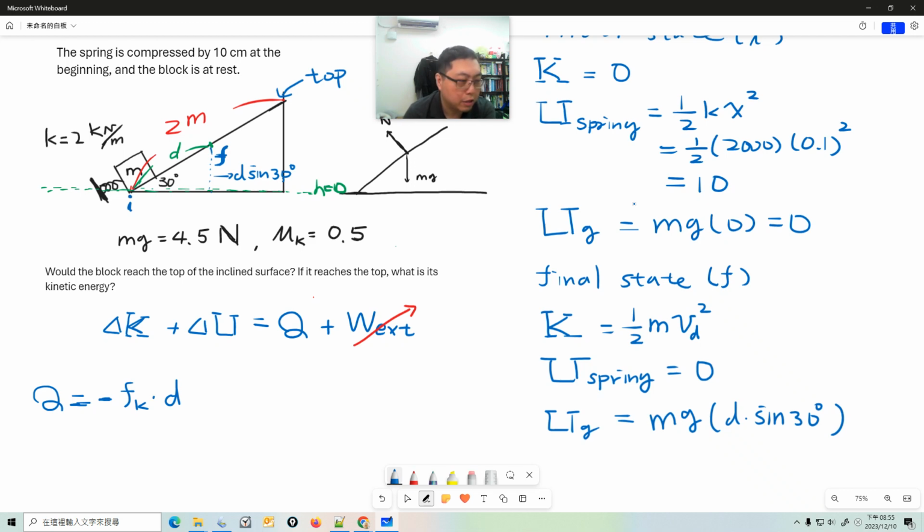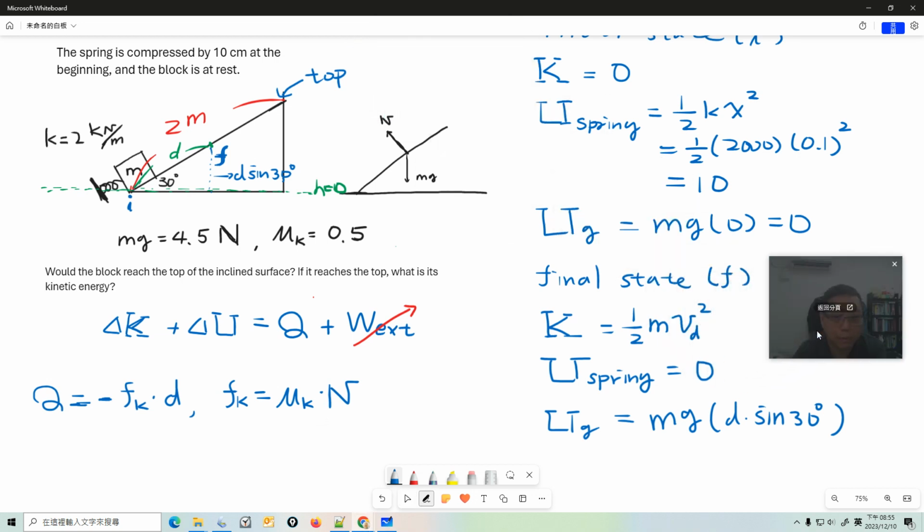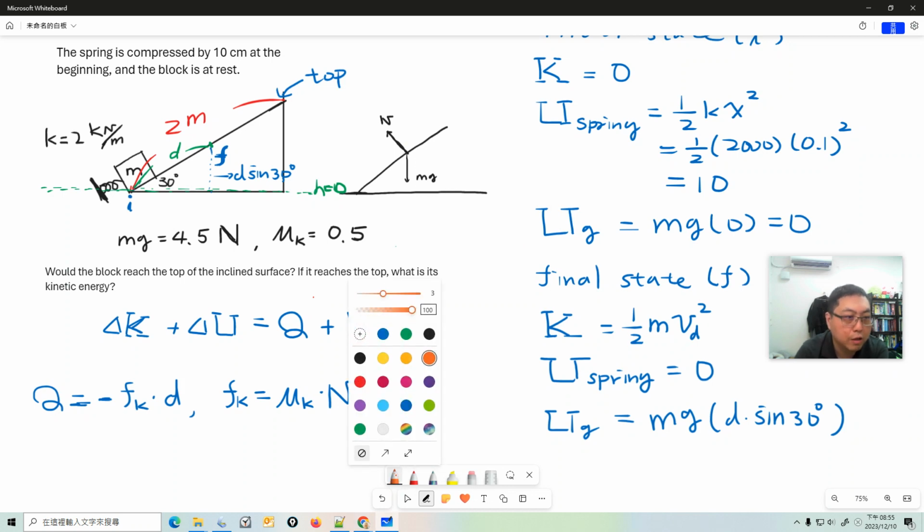Next, what is our friction force? Friction force, from chapter 5, is mu_k, the friction coefficient, times the normal force. And what is the normal force when an object is placed on an inclined surface? Do you remember that? This is still a force analysis, so we decompose the weight on the inclined surface. This angle is 30 degrees.